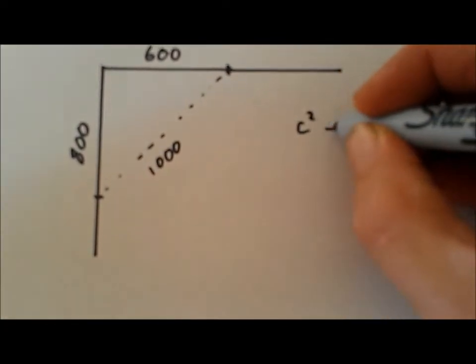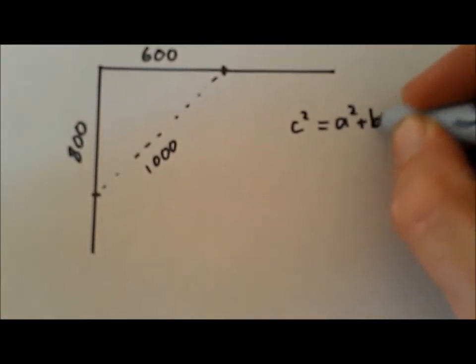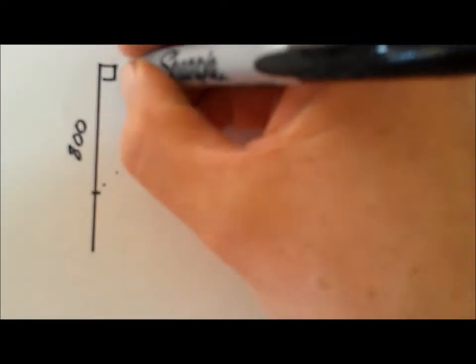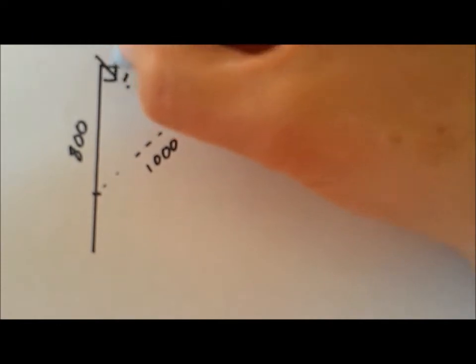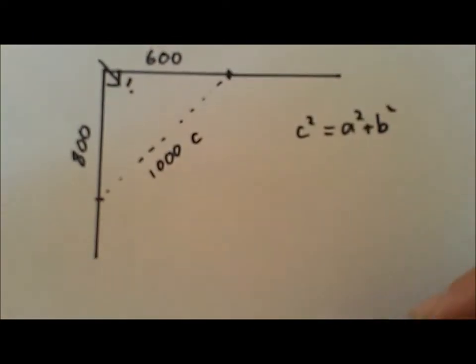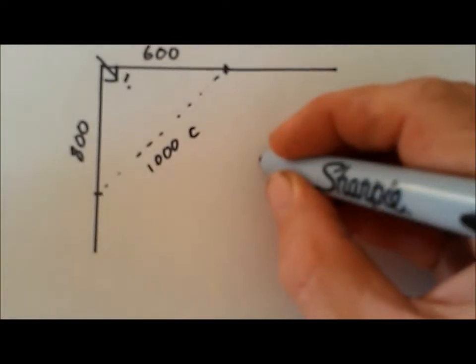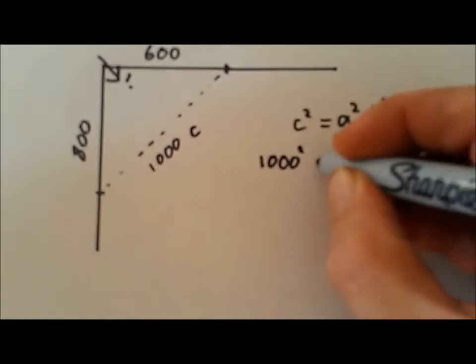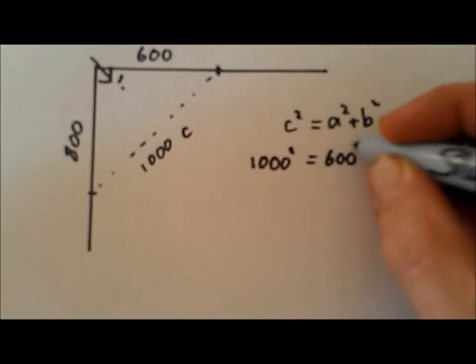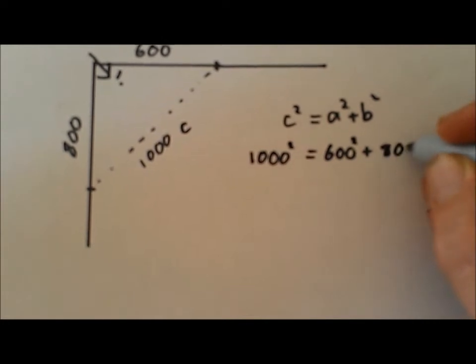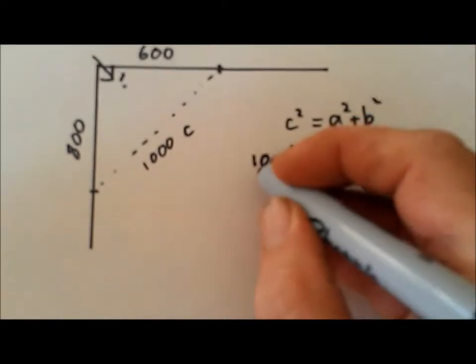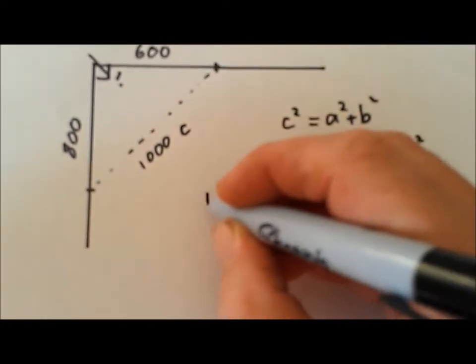So I was going to use c squared equals a squared plus b squared, taking what I'm hoping will be a right angle. If it is, line through it, points to the hypotenuse, this would be my C. So does 1000 squared equal 600 squared plus 800 squared? On the left hand side, 1000 squared would be 1 million.